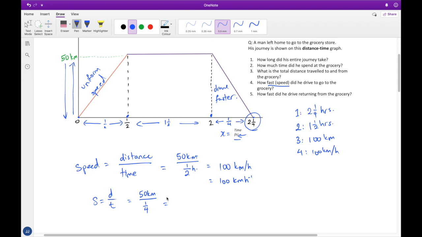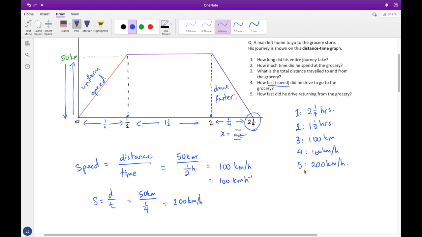So 50 divided by a quarter actually gives us, wow, 200 kilometers per hour. Coming back home, he was driving very, very fast, 200 kilometers per hour.